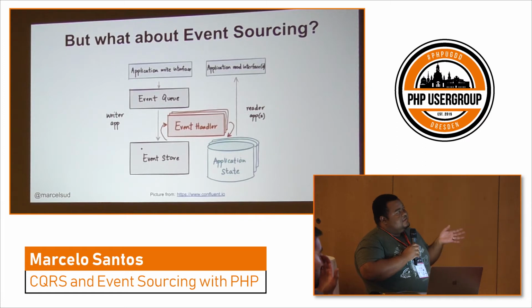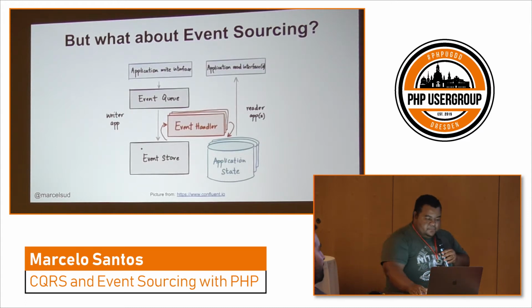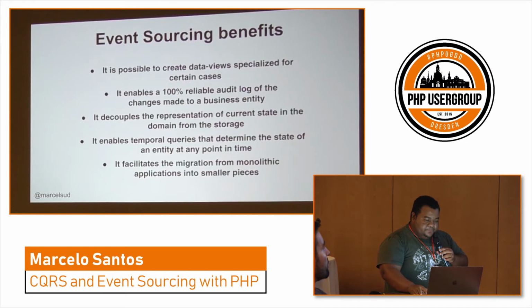And then the application state will read from these events and apply those changes to the current state. And whenever you need to read something, instead of going to some place where you have the state, you read from the event list and you create your own state. I'll show how that's done.